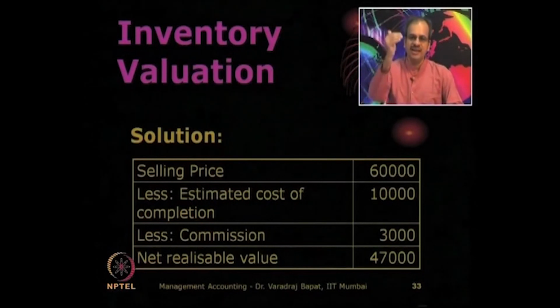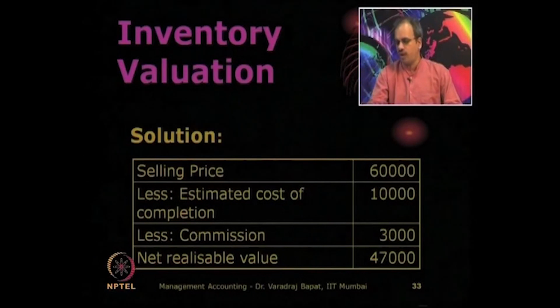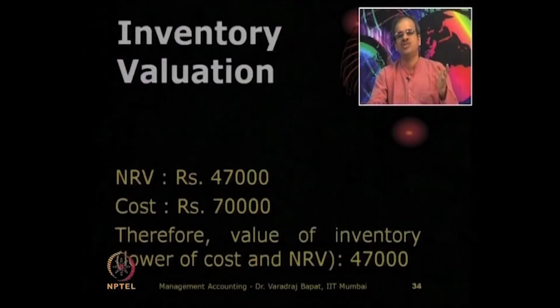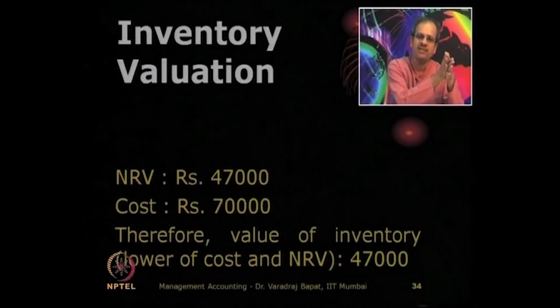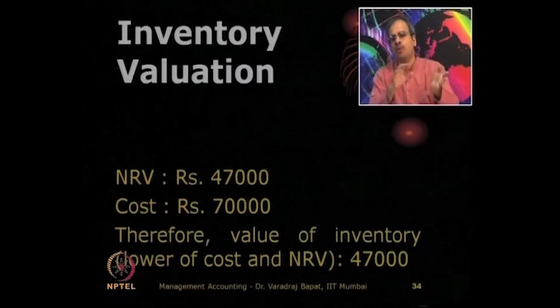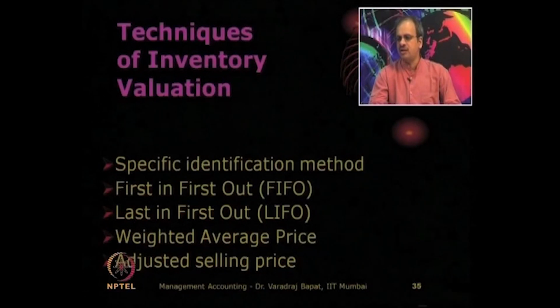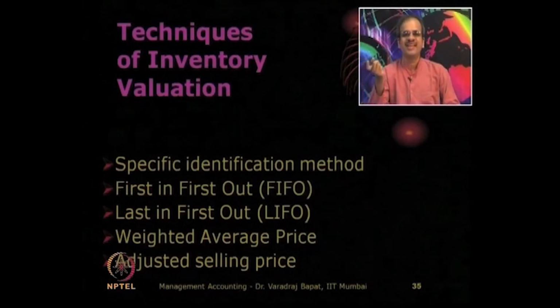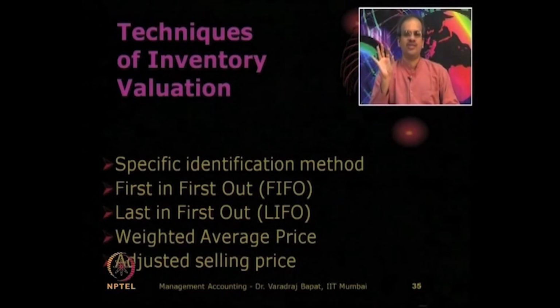So, 60 less 10 less 3, my net realizable value comes to 47, and as you know my cost is as high as 70. So, NRV of 47 versus the cost of 70. As a rule, I will take the lower of the two. So, valuation of inventory becomes 47,000.